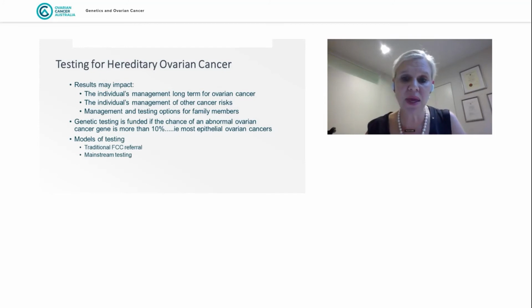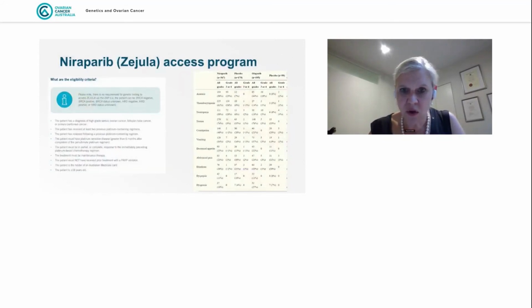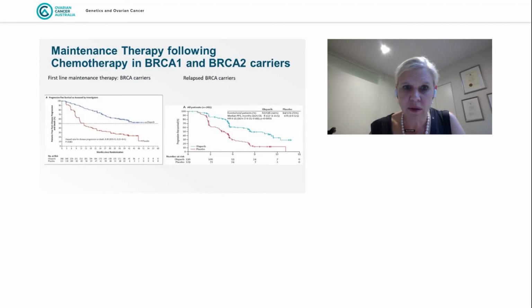But remembering now, if we go back to our slide of the SOLO-1 trials, nearly 50% of our patients who were diagnosed with ovarian cancer in the setting of BRCA1 and 2 are now surviving their ovarian cancer diagnosis.